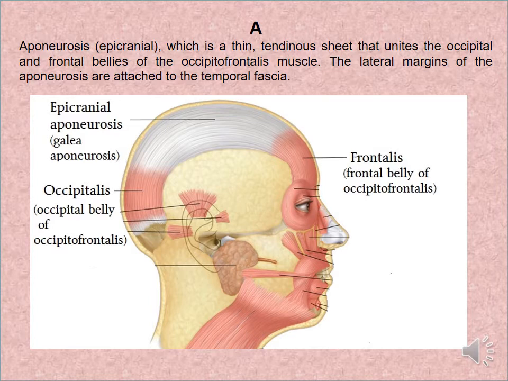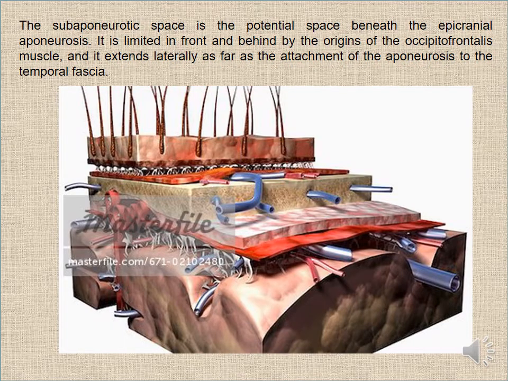The lateral margins of the aponeurosis are attached to the temporal fascia within the zygomatic arch. The space beneath the aponeurosis, called the subaponeurotic space, is a potential space, not a real space, beneath the epicranial aponeurosis. It is limited in front and behind by the origin of the occipitofrontalis muscle and extends laterally as far as the attachment of the aponeurosis to the temporal fascia.